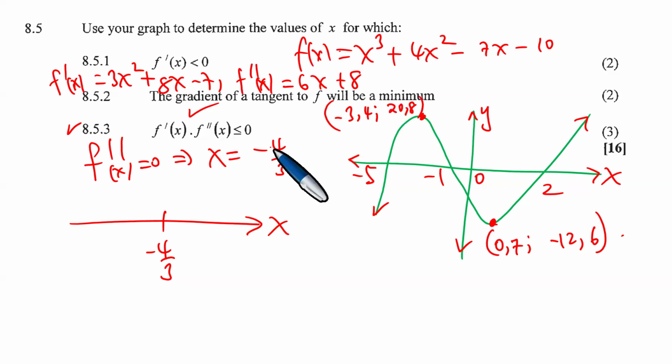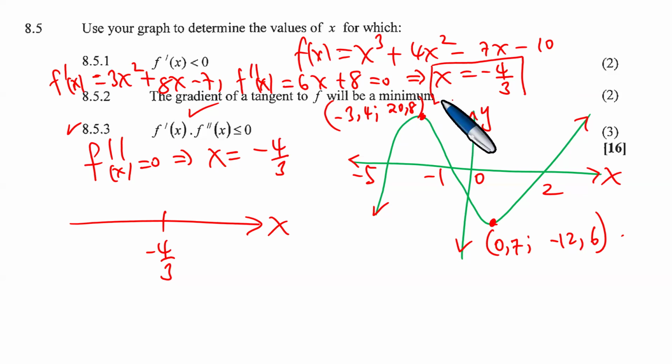Look, if this is 0, that means x is minus 4/3. Now let us look at the expression for f double primed, which is exactly 6x plus 8.